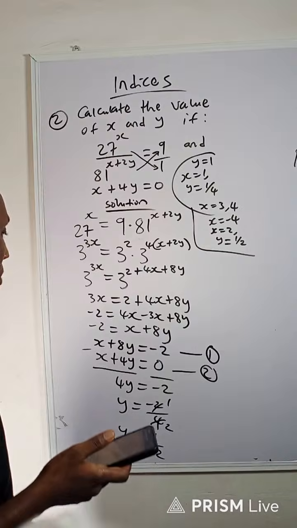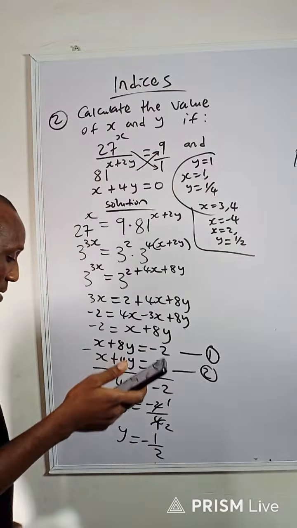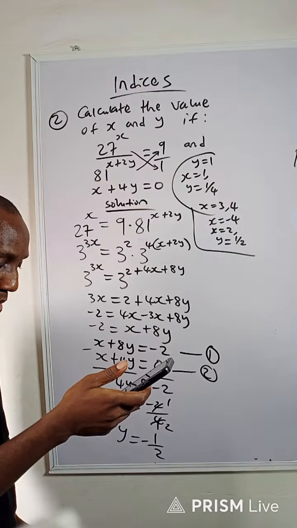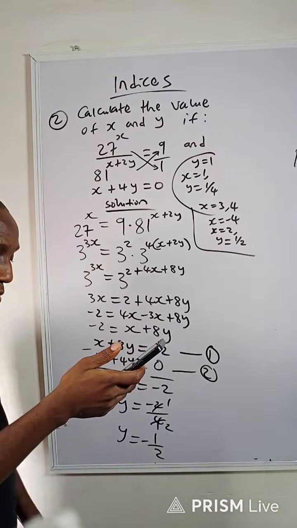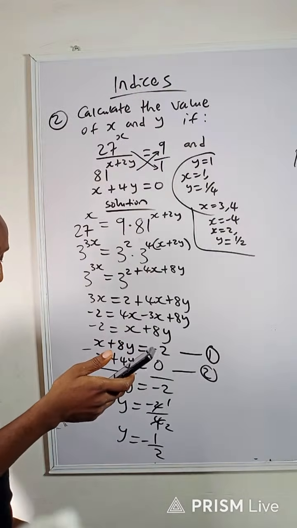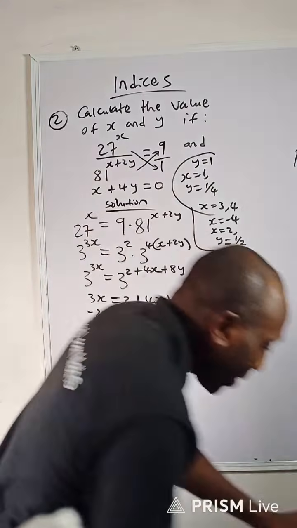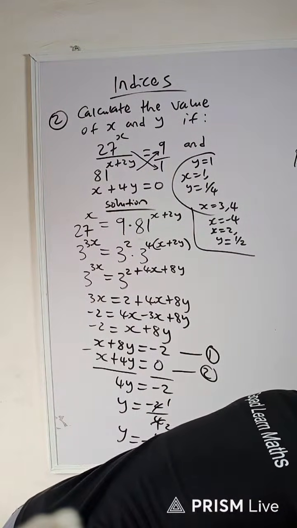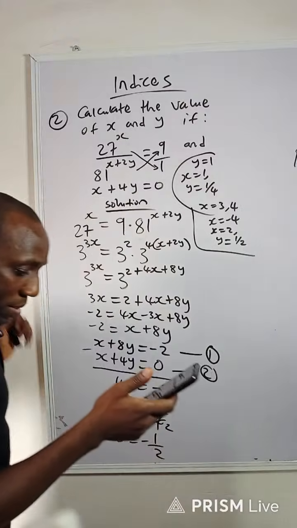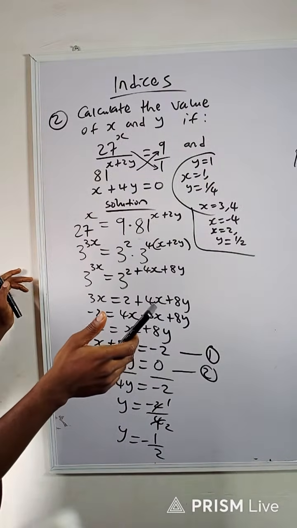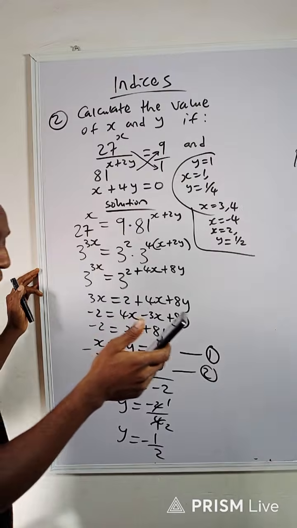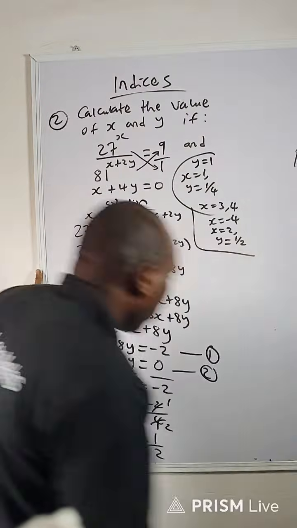Who got y as negative? So I told you. Okay, Ejong, you got negative 1 over 2. All right. I just want to be sure that even me myself, I'm not having a wrong answer. Yeah. So I think it's okay. Oh, good. The answer has come. Oh, beautiful, Sega, wonderful. Awesome.